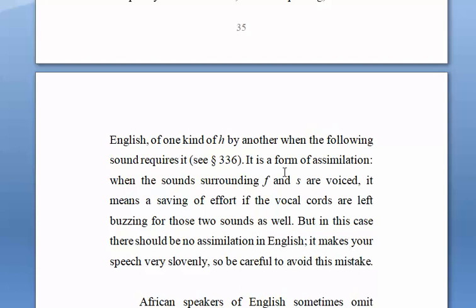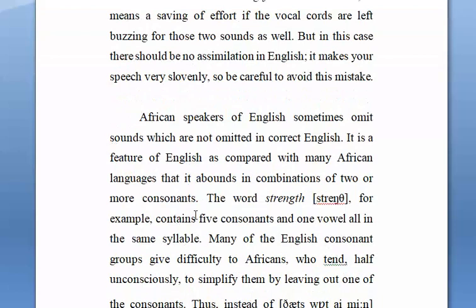It is a form of assimilation when the sounds surrounding f and s are voiced. It means a saving of effort if the vocal cords are left buzzing for the other two sounds as well, but in this case there should be no assimilation in English. It makes your speech very slovenly, so be careful to avoid this mistake.